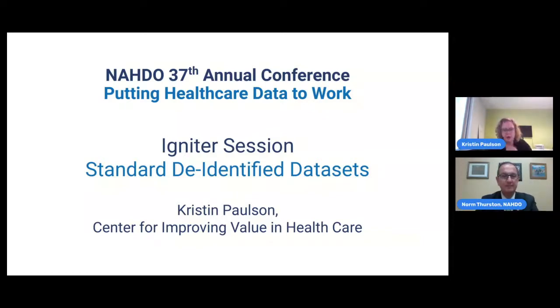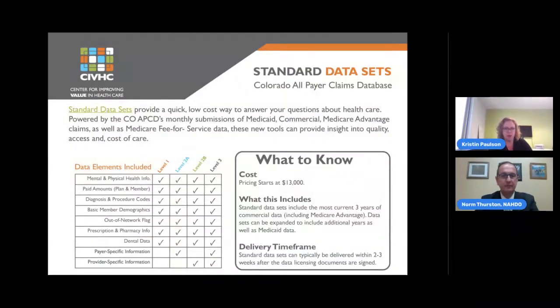So we're here to talk about CIVHC's standard de-identified datasets. These are datasets that we created a couple years ago to really address some of the issues that we were seeing with our data. One, that we were seeing repeated asks for the same kinds of data.